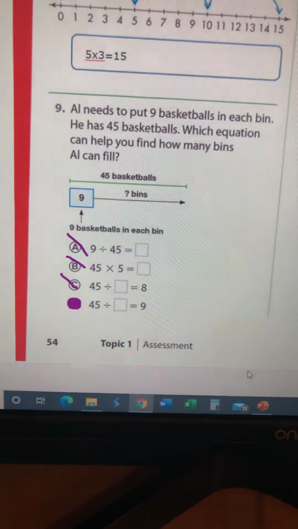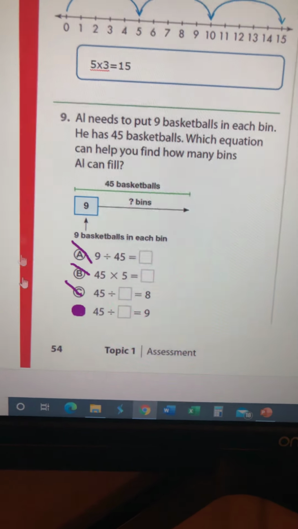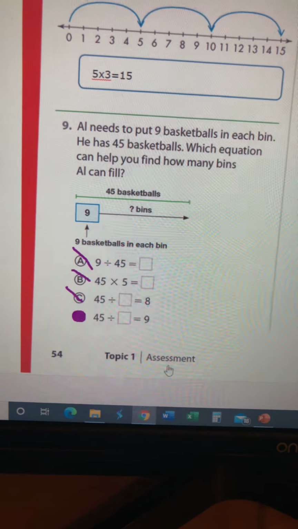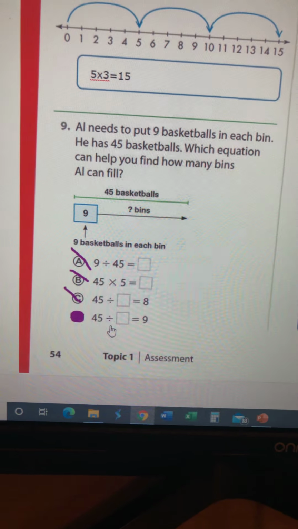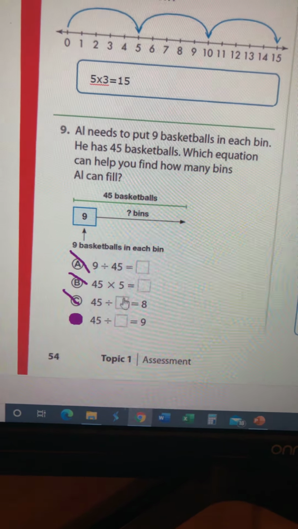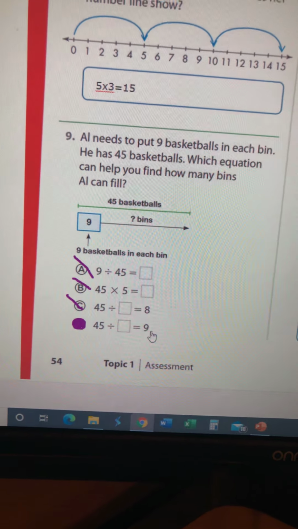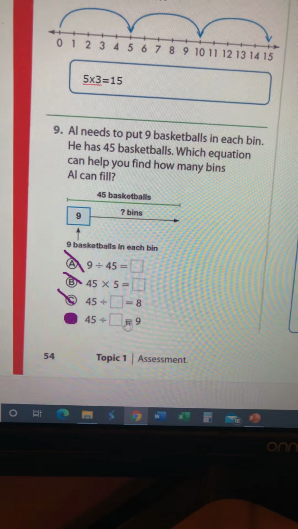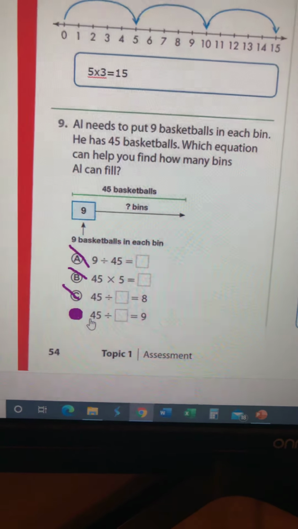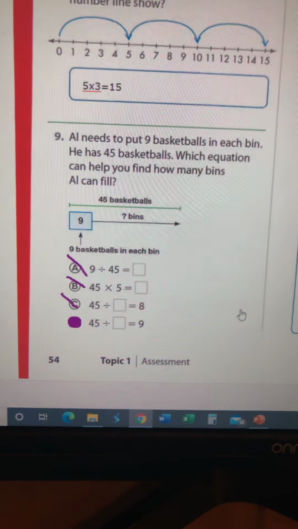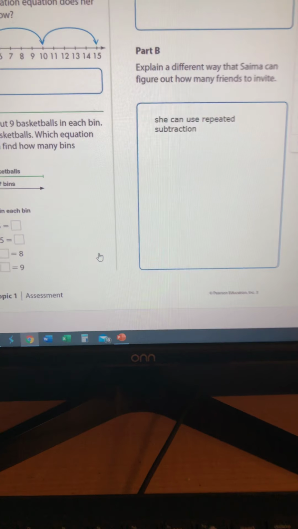Okay? So on your test, it's going to be just like this. You just need to make sure that the big number is being divided by either the box number, and the box number is the answer. So the box number is going to be in either spot. But the big number has to go first in division. Okay?